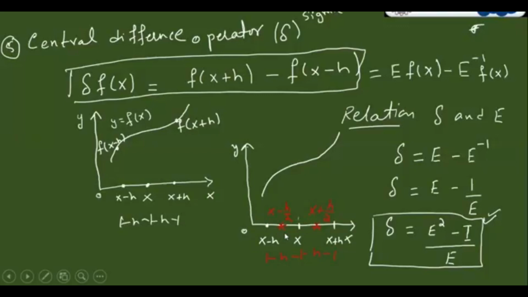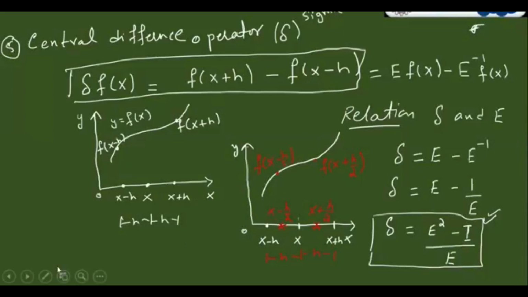So in this case, if I want to define a central difference, I can do it like that. I will select these two points and compute the quantity f of x plus h by 2 and f of x minus h by 2.